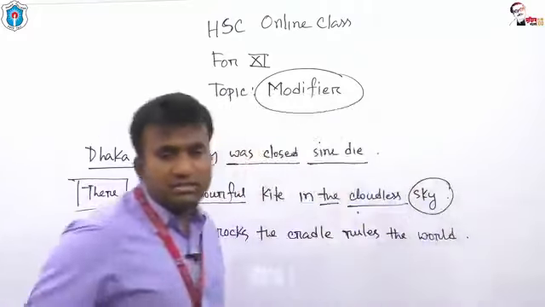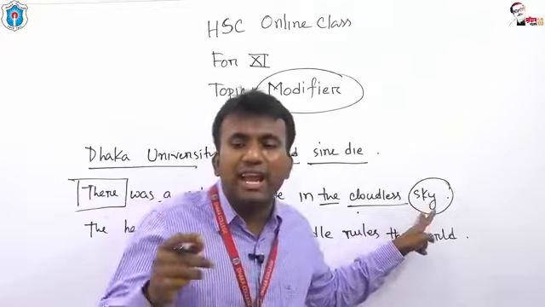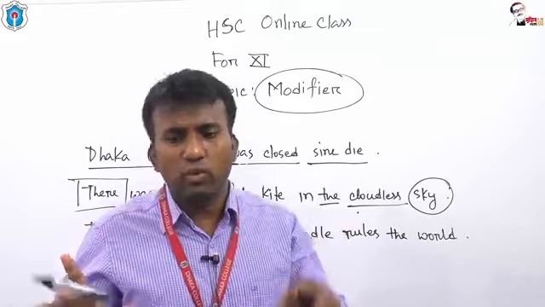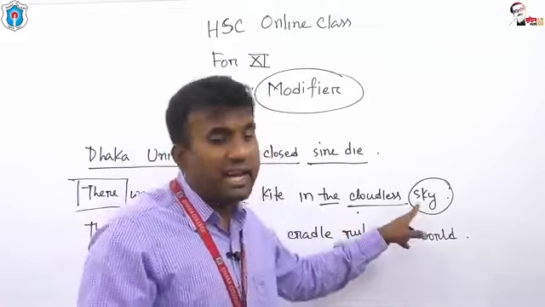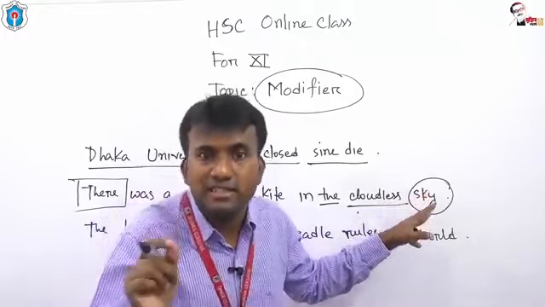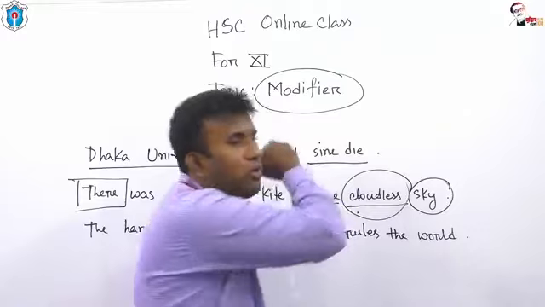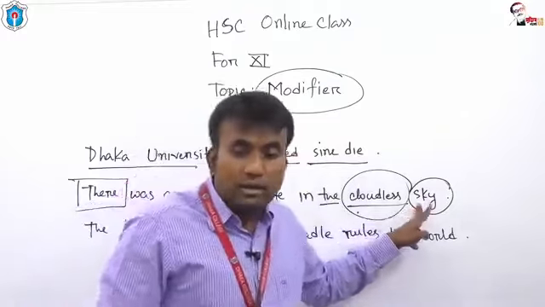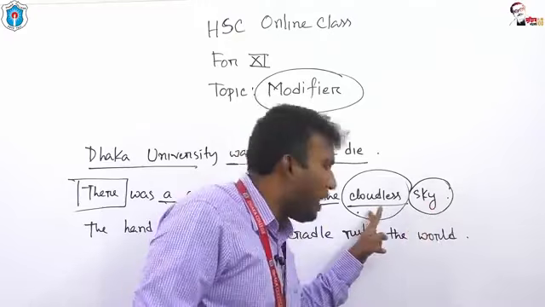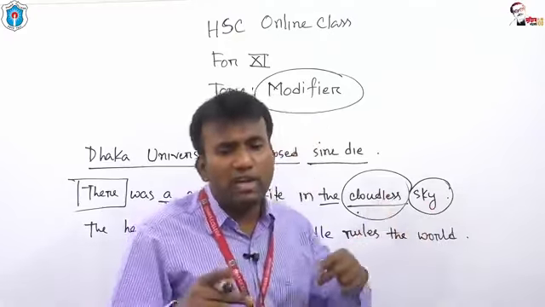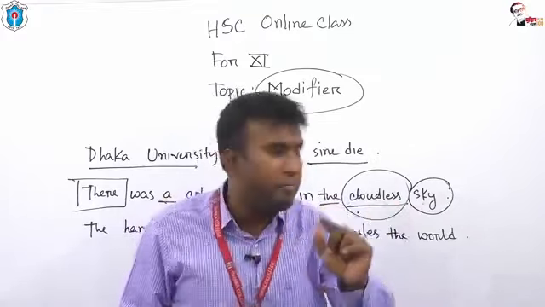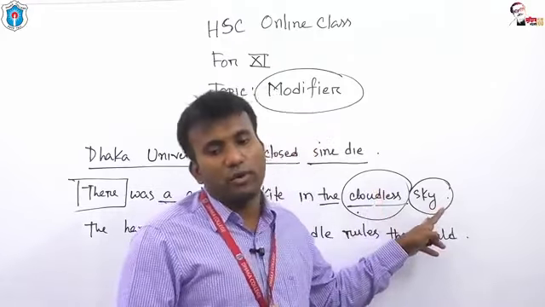Sky is a noun, and this sky is being influenced by the word cloudless. As noun is being influenced by cloudless, I can say cloudless is an adjective, and cloudless has become a modifier because it has influenced the noun.